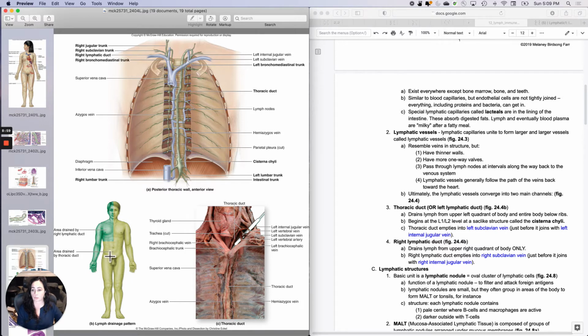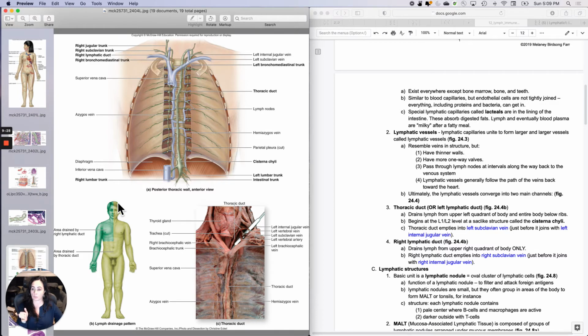It ends up draining basically all of the body below the chest, and then the left side of the head, chest, and arm as well. The thoracic duct begins about L1 to L2 level, at this weird looking little structure called the cisterna chyli right here. And then it's draining everything up into the left subclavian vein.